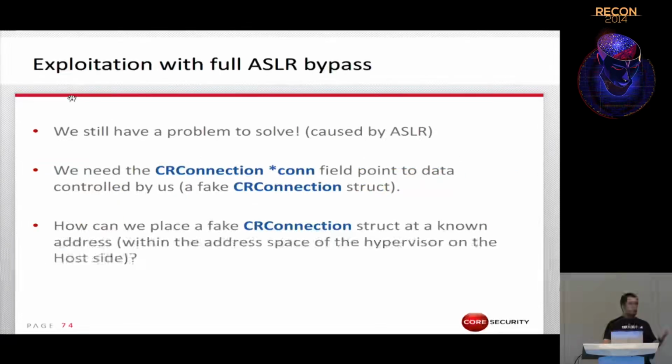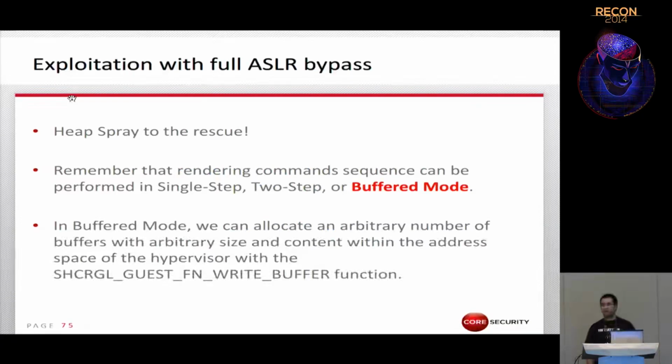So the problem that we need to solve is that we need to put some arbitrary data, that is a fake CR connection structure, at an arbitrary address within the address space of the hypervisor. How can we do that if there is ASLR on the host side? Well, here comes the heap spray technique I told you about before, to the rescue.